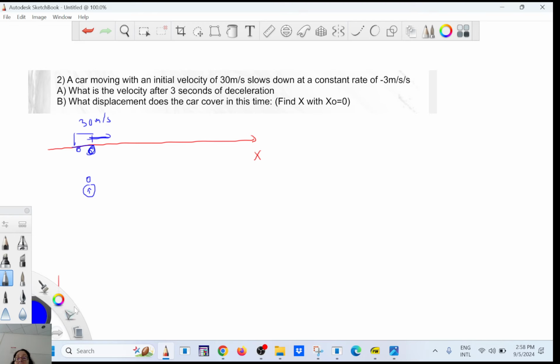It's going to slow down. So you have to make your acceleration this way. So every second, it decreases by 3 meters per second. Well, that's easy, right? So it's slowing down.